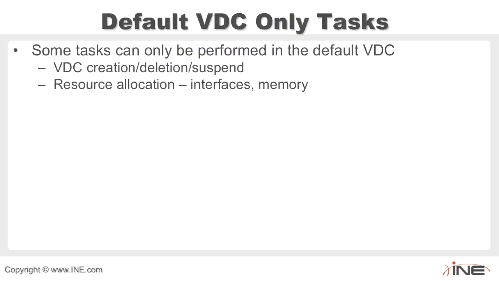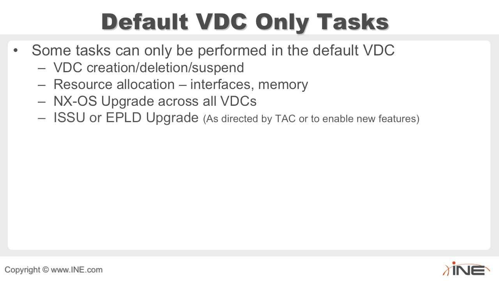Unless someone has access to the default VDC, there's no risk of that happening. You have to be in the default VDC to create, delete, or suspend another VDC. You have to be in the default to allocate interfaces, memory, or CPU guaranteed share. You have to be there to do OS upgrades, and that happens, of course, across VDCs. In-service upgrades or EPLDs, basically task-specific things that can add new features, and TAC-directed as well.